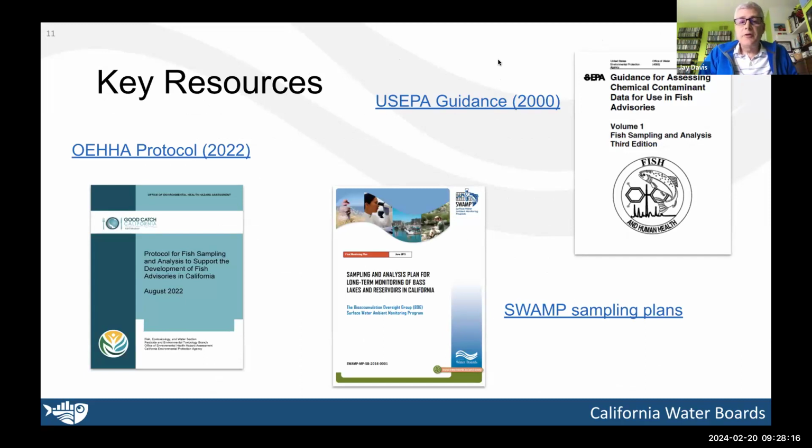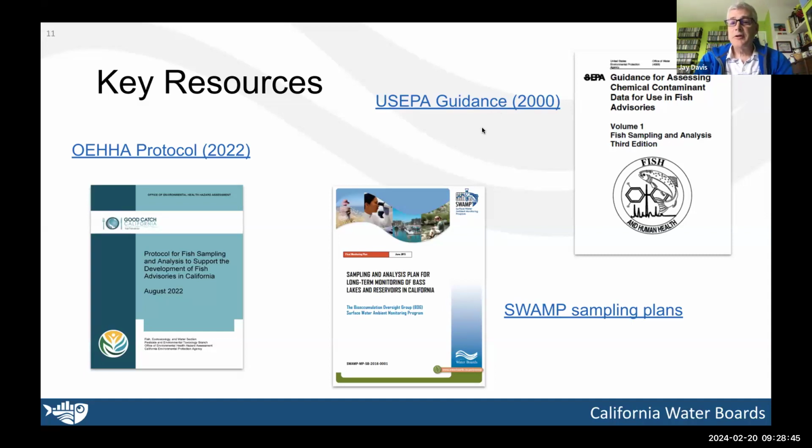I've been using this since the early 2000s, since it came out, and it has not been updated, but I think that's not really a bad thing, because it's got a lot of great information in it, and the basic principles of monitoring to support advisories hasn't changed much in that time.